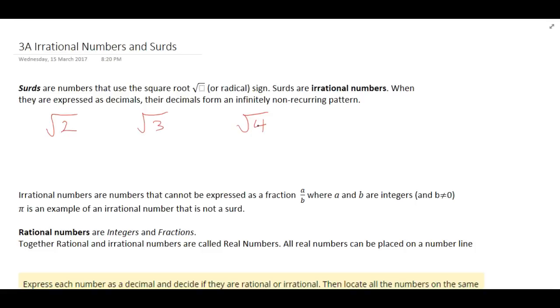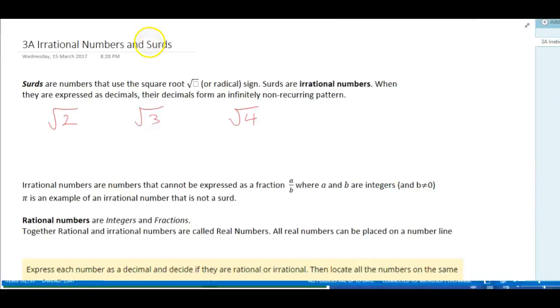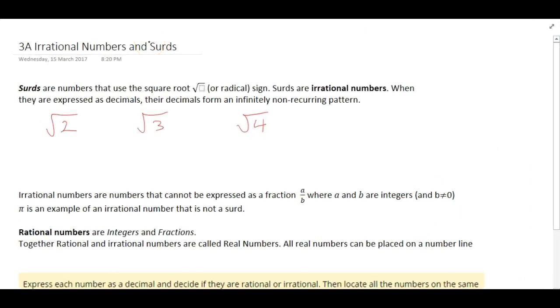The best way to do this is to get on your calculator and work these out, because it is quite difficult to calculate a square root by hand. If you do this on your calculator, you get 1.4142, and it goes on forever and ever.